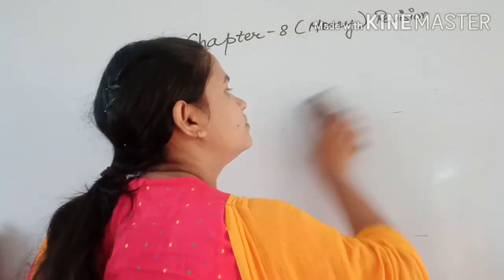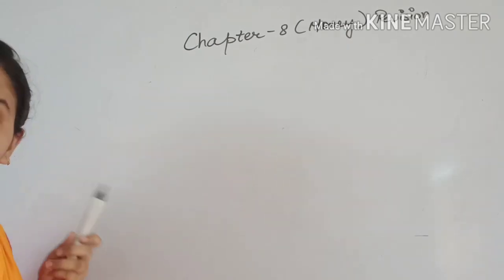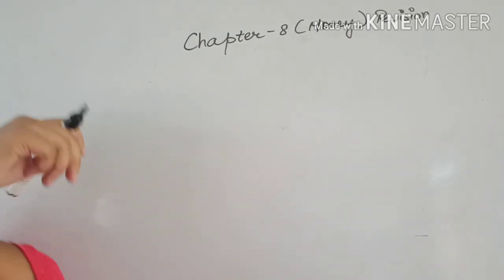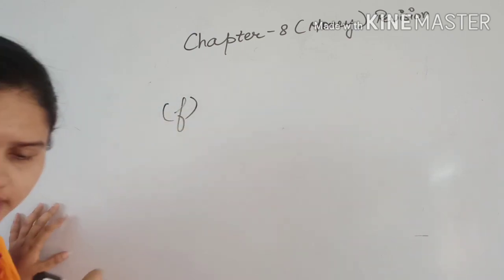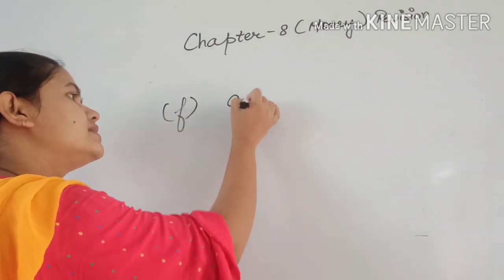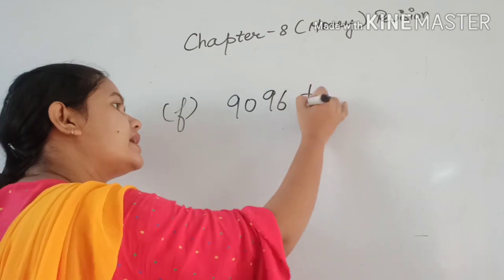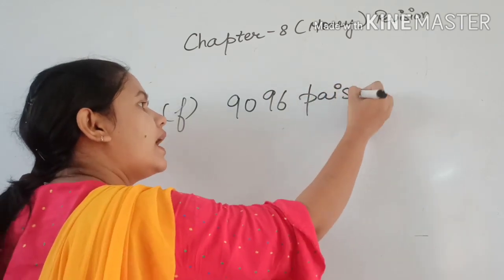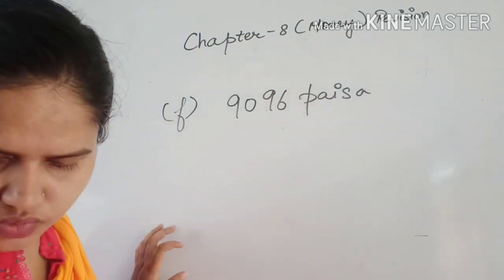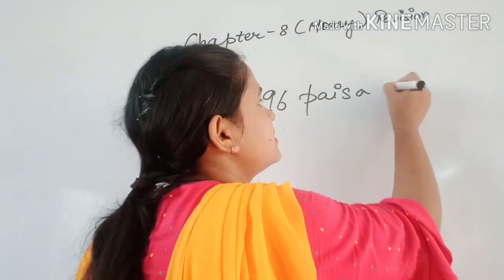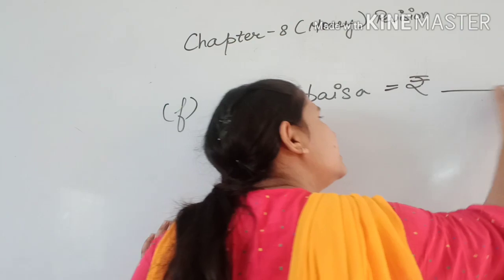Let's find out. Firstly, we will write the equation. F equation is 9096 paisa, and it is equal to, is this one rupees or paisa? Yes, that is rupee dash.